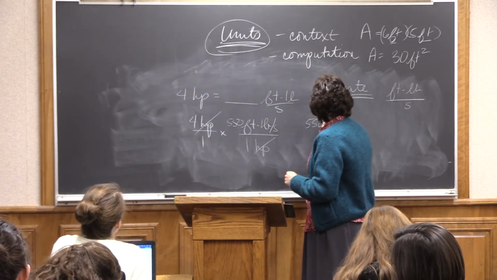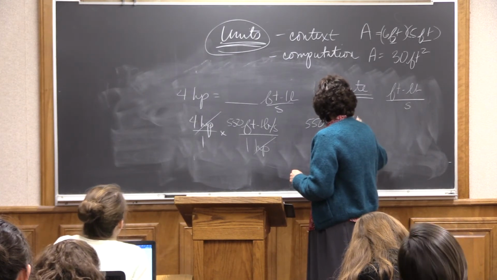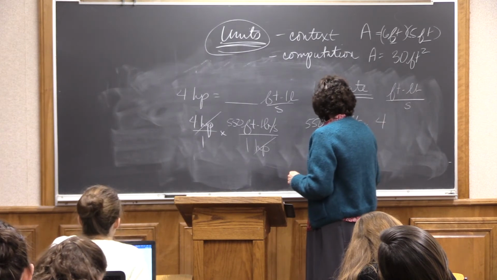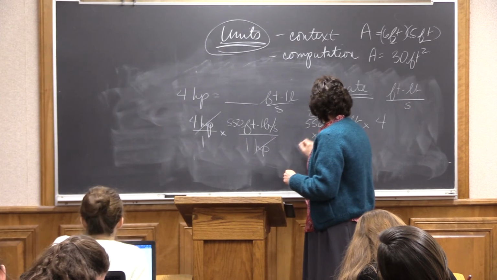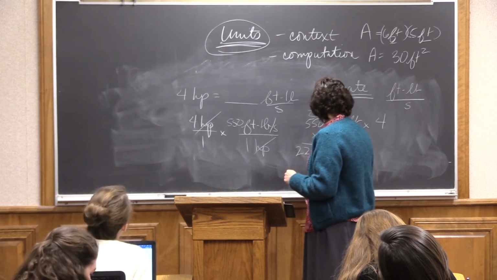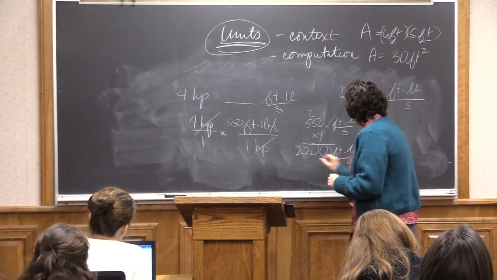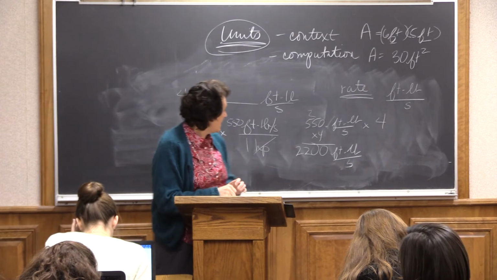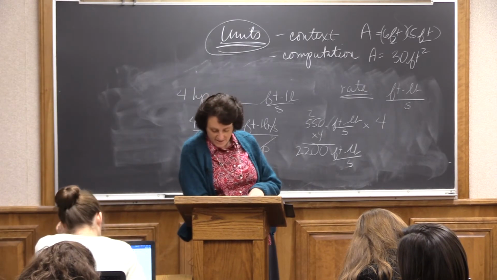So my computation is, all right, I'm going to be multiplying by 4. 55 times 4 is 220, so add the extra 0: 2,200 foot-pounds per second.